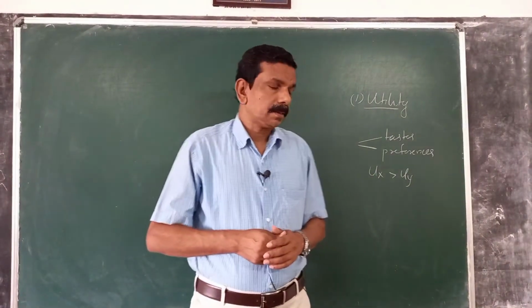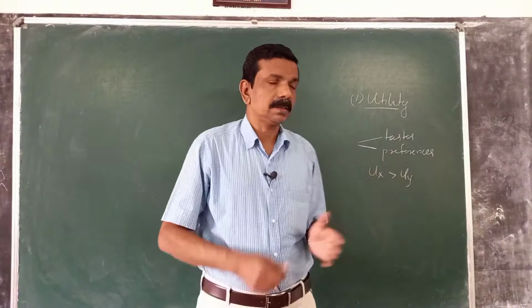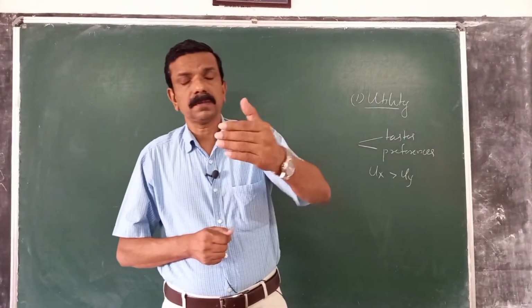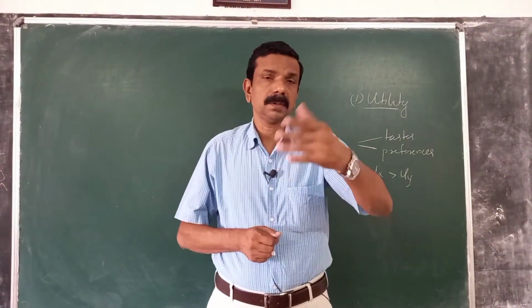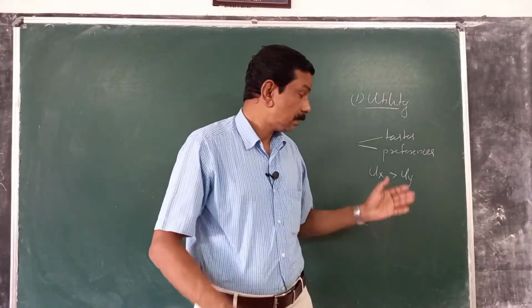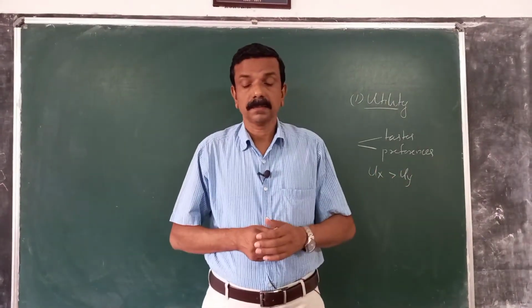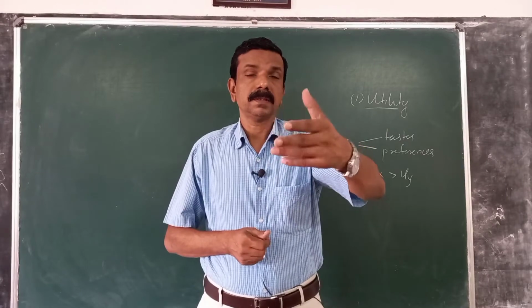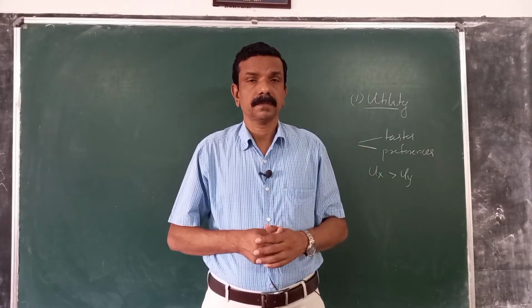And we will say that our consumer desires a unit of X over a unit of Y because utility from X is greater than utility from a unit of Y.